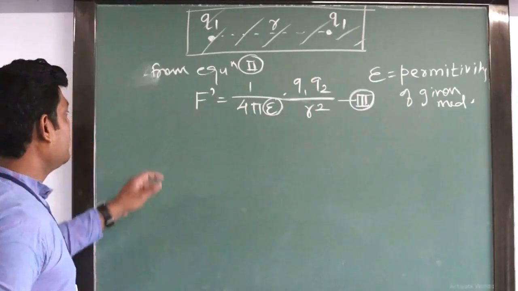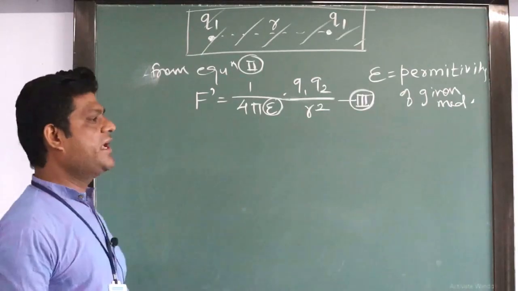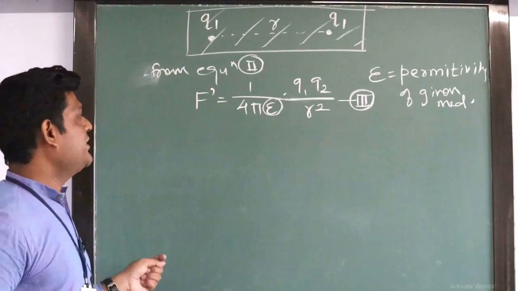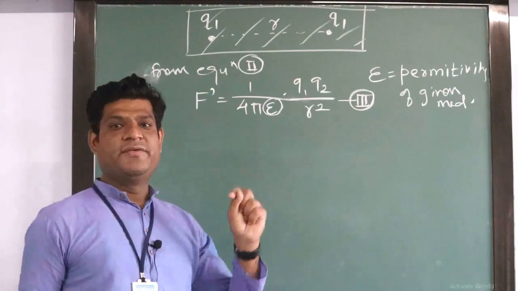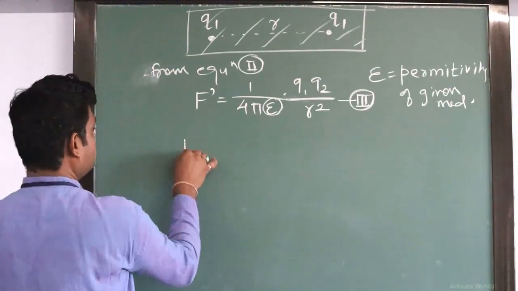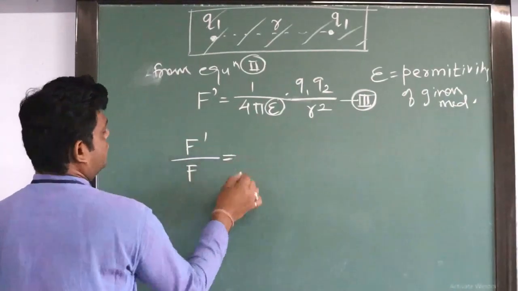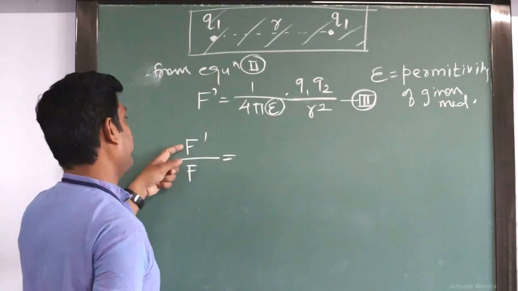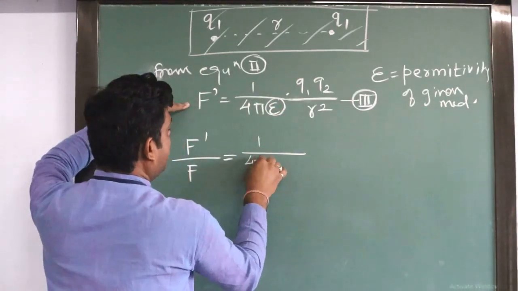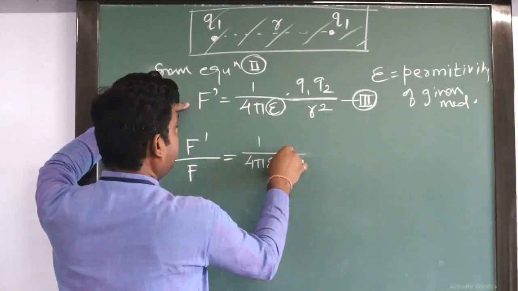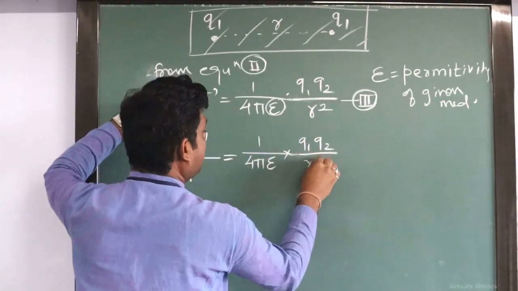What is the relation between F dash and F? That we can calculate by taking the ratio of equation 2 and equation 3. So, taking the ratio of F dash and F, F dash equal to 1 divided by 4 pi epsilon into Q1 Q2 divided by r square.